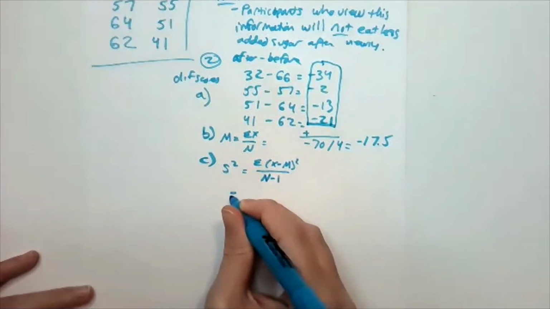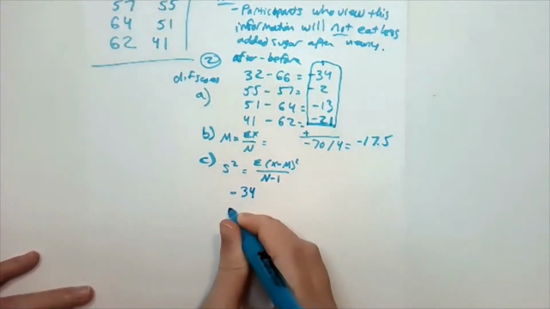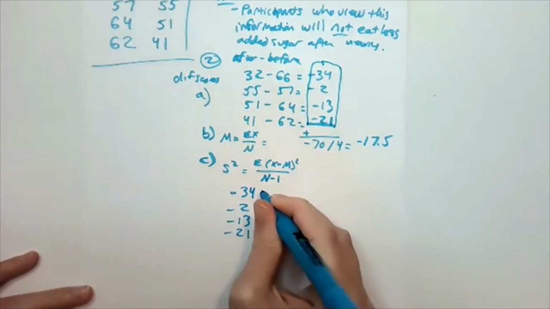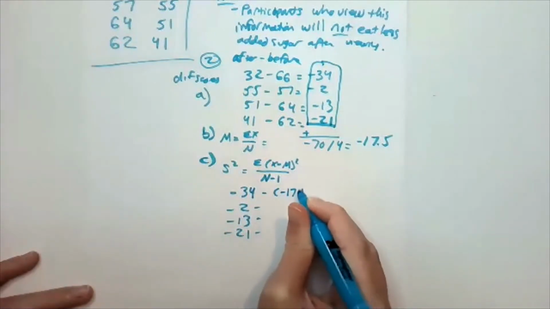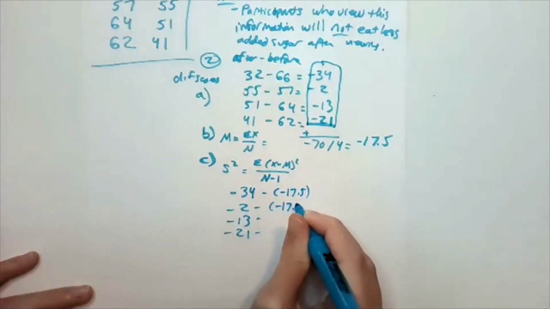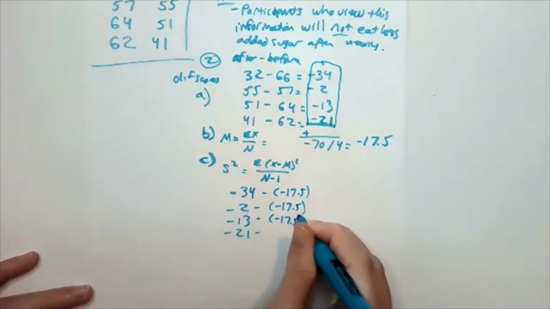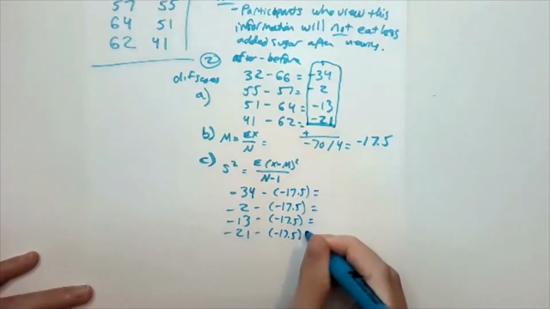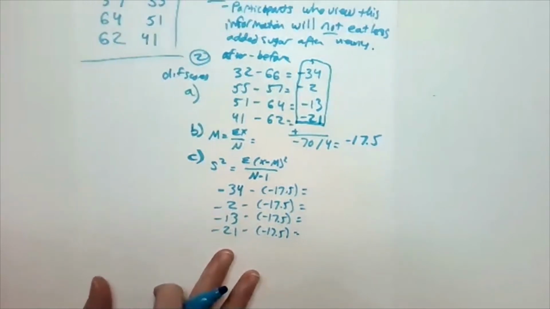So I'm going to put down all of my x's here and subtract M, which is the mean of my difference scores, which we calculated in that last step. I'm just going to calculate these off on the side here.